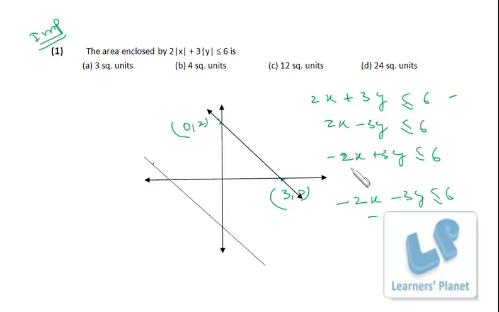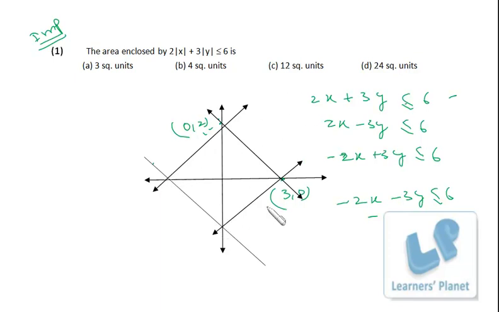Similarly, the other two lines will have the similar concept, so they will be lines like this. Once you are clear, you don't have to draw all the lines. So this is one line, it will match over here, and this is the other line. If you draw the diagram neatly, we'll precisely get a square, right?